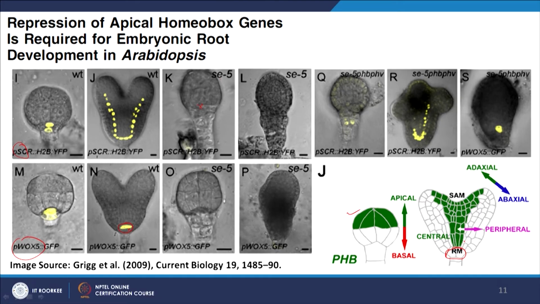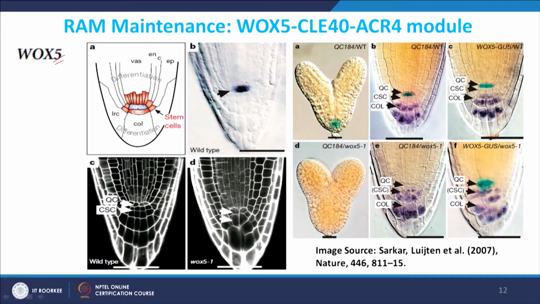So there are two kinds of mechanism. If you want to maintain the root apical meristem, then some activator has to be activated, and at the same time the repressor has to be negatively regulated to ensure proper development. Another important regulatory pathway which is regulating root apical meristem maintenance is the VOX CLE ACR4 module.